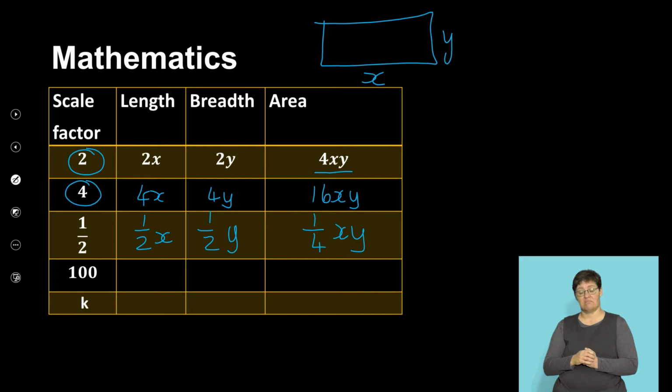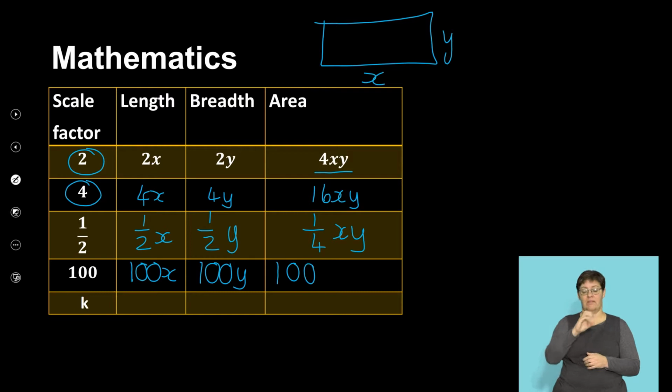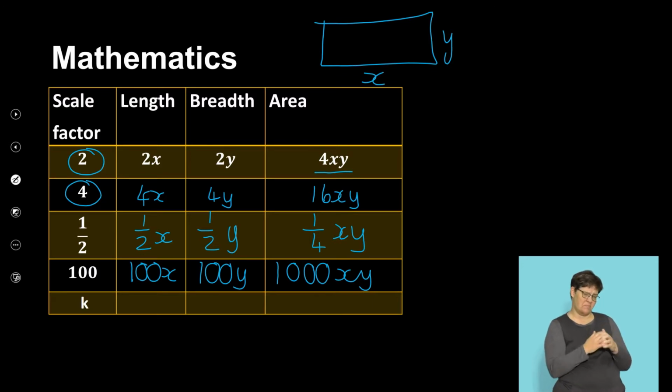Then if my scale factor is 100, I'm going to have 100 times x. My breadth will be 100y. And last but not least, my area would be 1000xy.